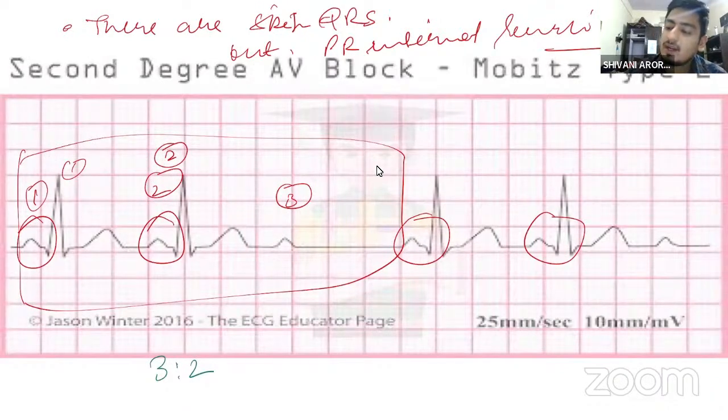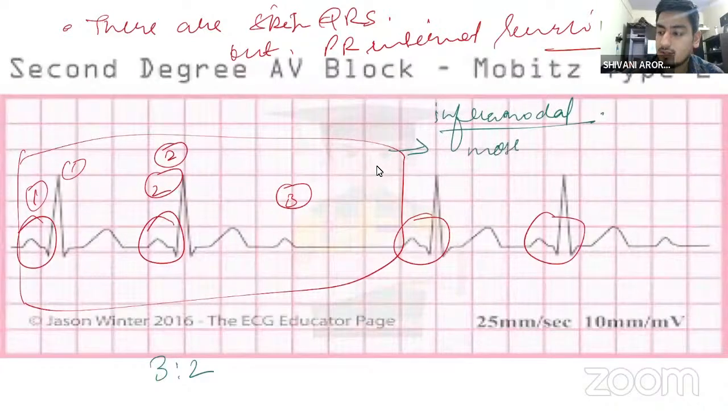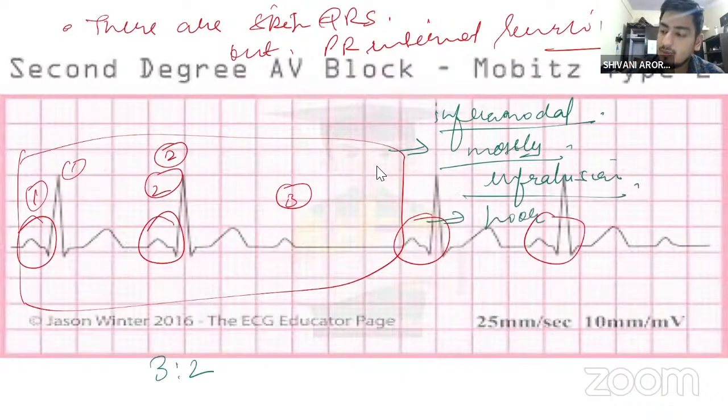Another thing about second degree Mobitz type 2 block is that it is mostly infranodal, or we can say that it is mostly infrahisian. So it generally has a poor prognosis.